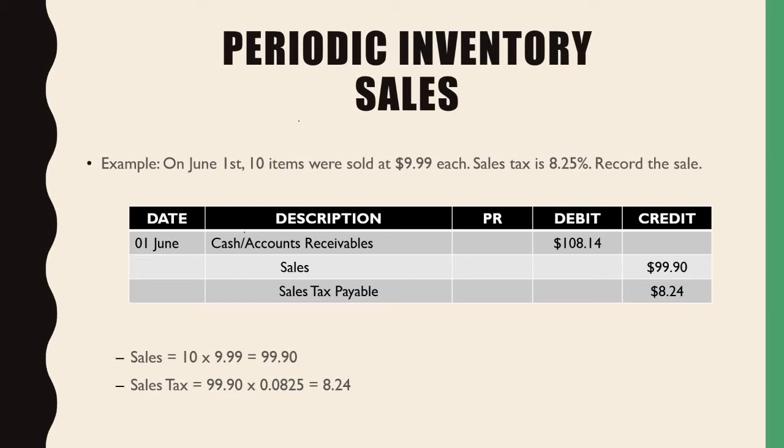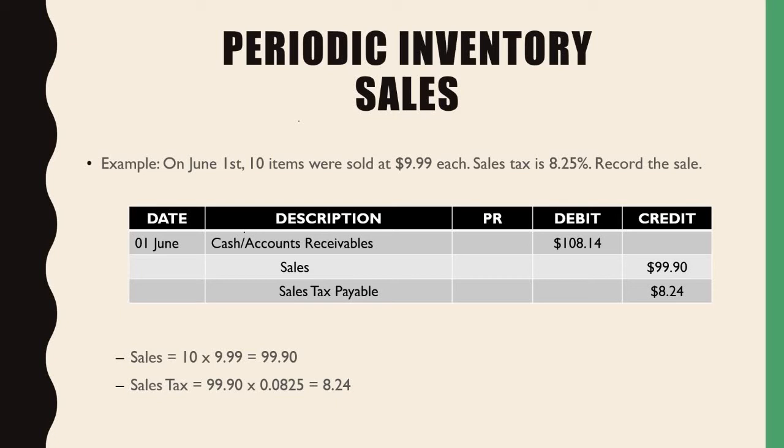So again, make sure you know the difference between accounts payable and accounts receivable. Accounts payable is when we owe vendors, whereas accounts receivable is where customers owe us. In another sense, they're like IOUs. They promise to pay you back within X amount of days. All right? So that is how we journalize a sale.